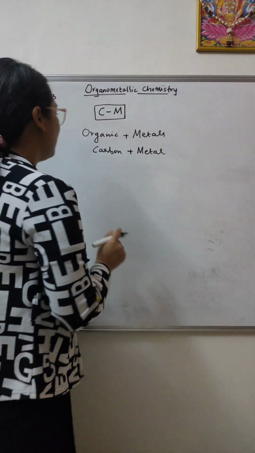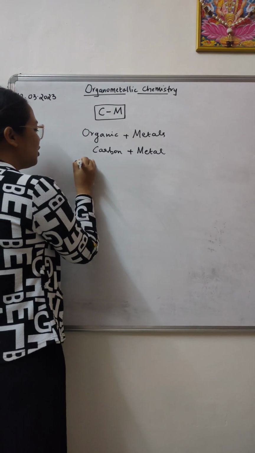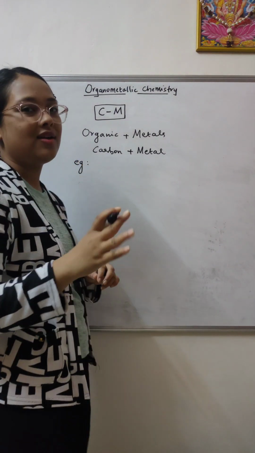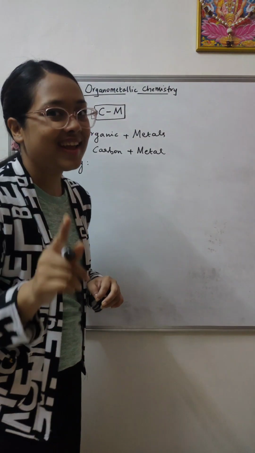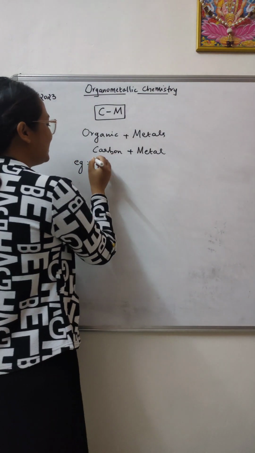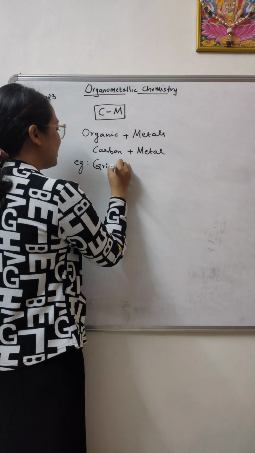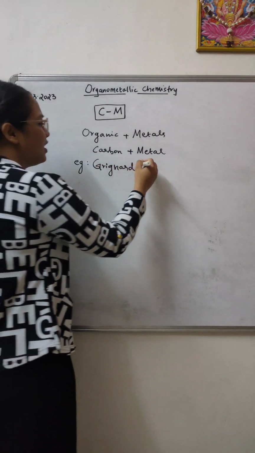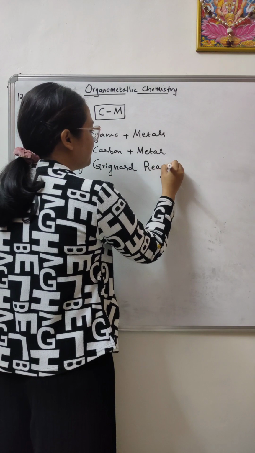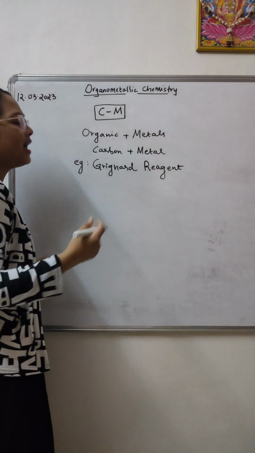Let me give you an example. This example I'm sure you must have seen already somewhere in organic chemistry. That is nothing but a reagent which is known as Grignard's reagent, which we use in many organic reactions.